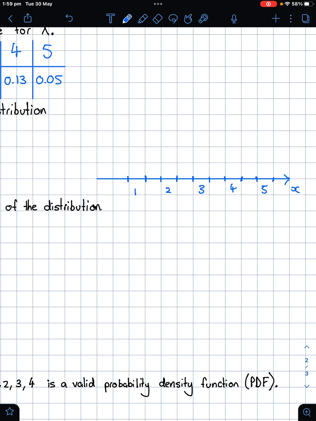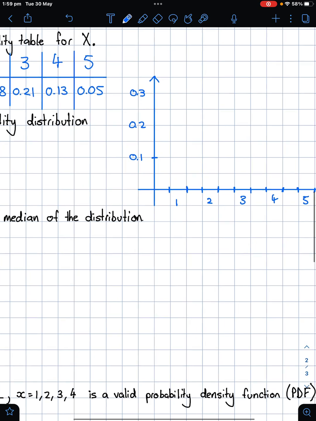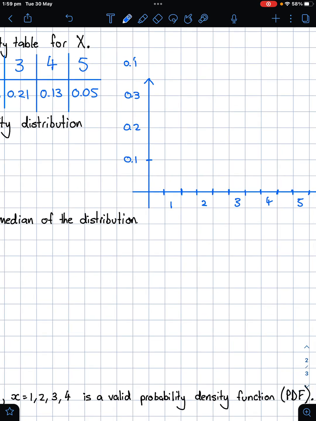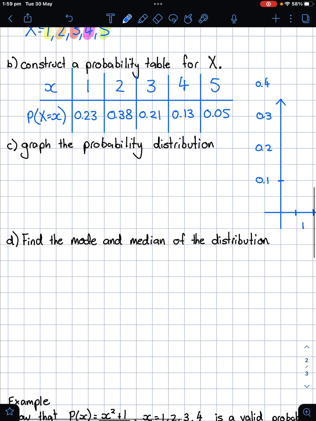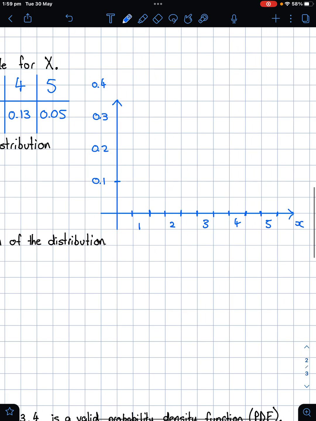And you notice I'm putting a big gap between them. I've just gone up here. Let's count this as 10%. So 0.1 here, 0.2, 0.3, which will mean 0.4 is here. So our first one, 0.23, will be about here.